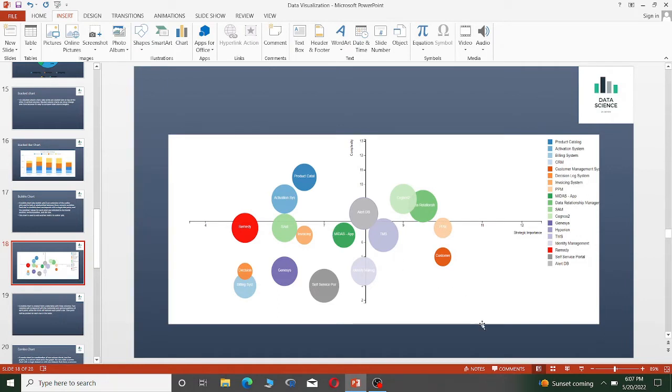So this is an example of a bubble chart. The first metric is strategic importance, which is on the x-axis. On the y-axis we have complexity. Then these are the categorical variables, and each bubble is showing each category. Here you might be thinking, where is the third numeric variable?